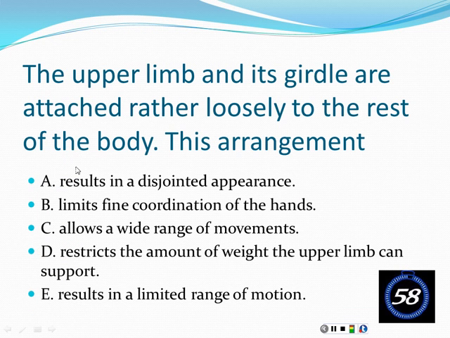All right, we'll do one or two questions before we call it a day. Okay, the upper limb and its girdle are attached rather loosely to the rest of the body. What is true about that arrangement? Oh, there's two correct answers up there.